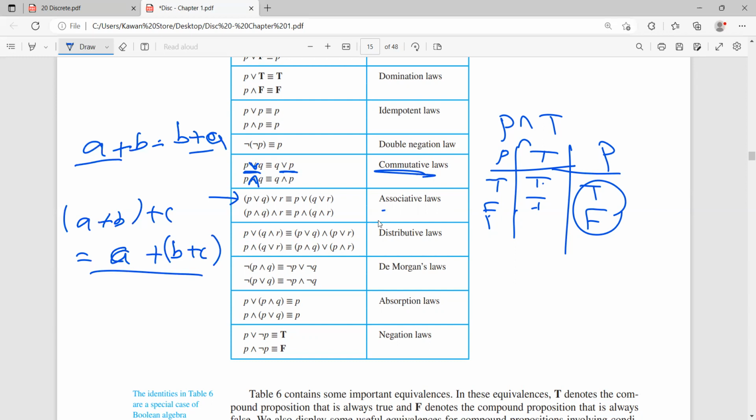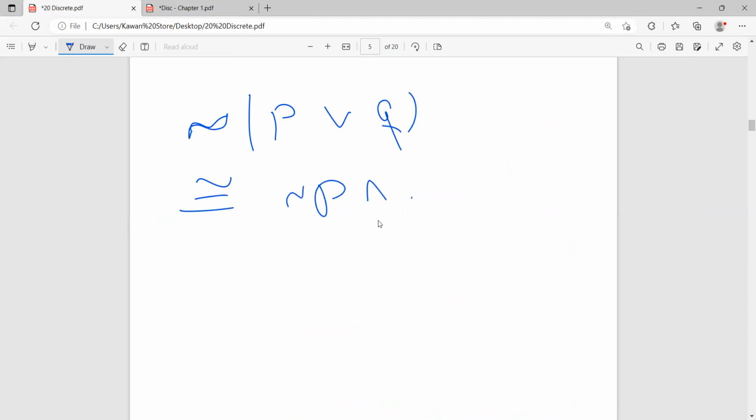And as important things we mentioned here, the De Morgan's laws. Do you remember what De Morgan's was? If you put the negation on P and Q, you'll get negation P or negation Q. So when you say we have De Morgan's, we have negation rules: negation of P or Q is equivalent to negation P and negation Q. And I think that one is clear.